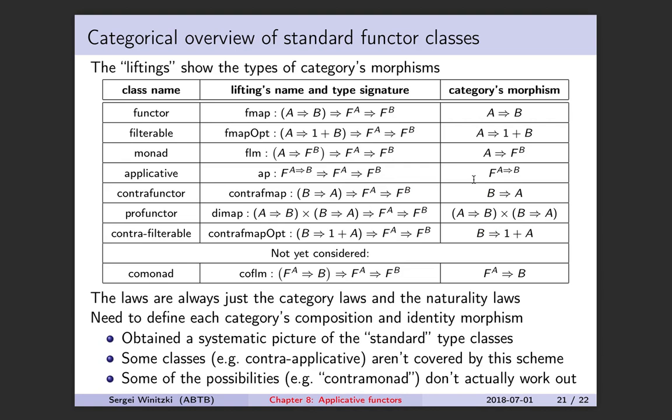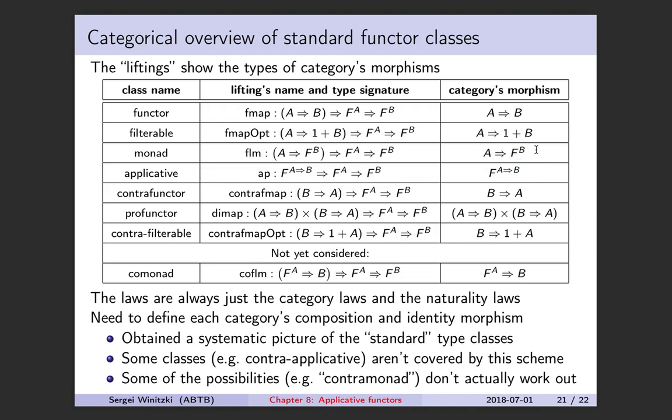So, the generalization that category theory gives us here is that all of these type classes are seen in one kind of way. You define them by specifying the type of the morphism that defines the special category that you're interested in. Automatically you demand laws, the category laws. You specify identity morphisms.